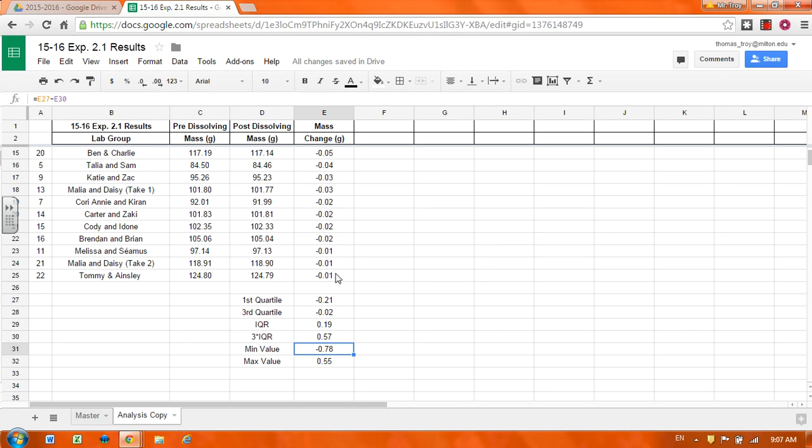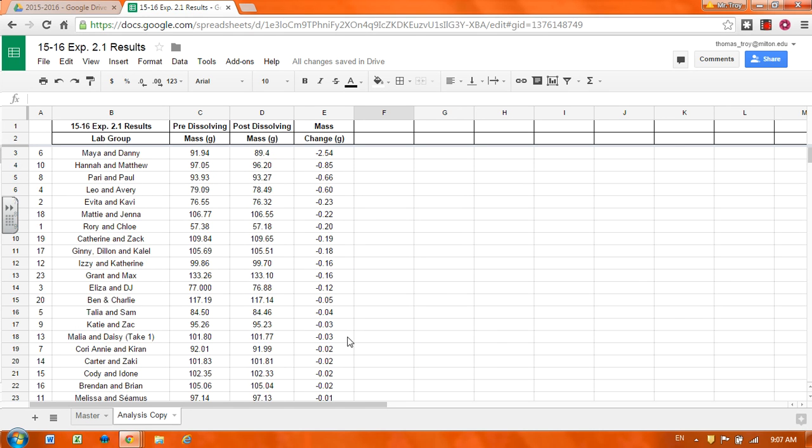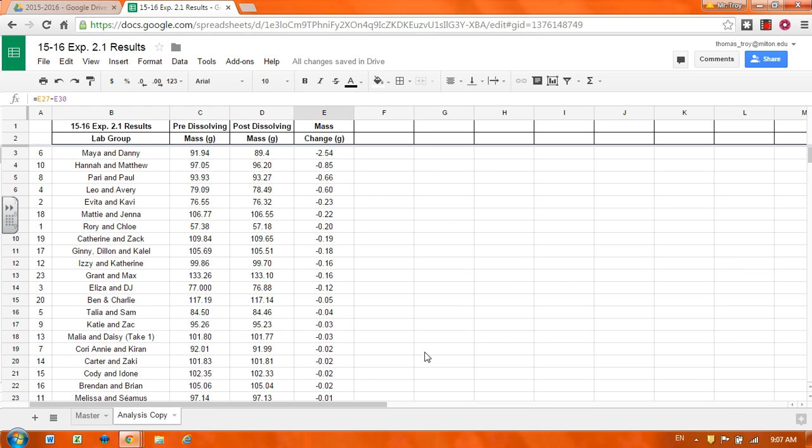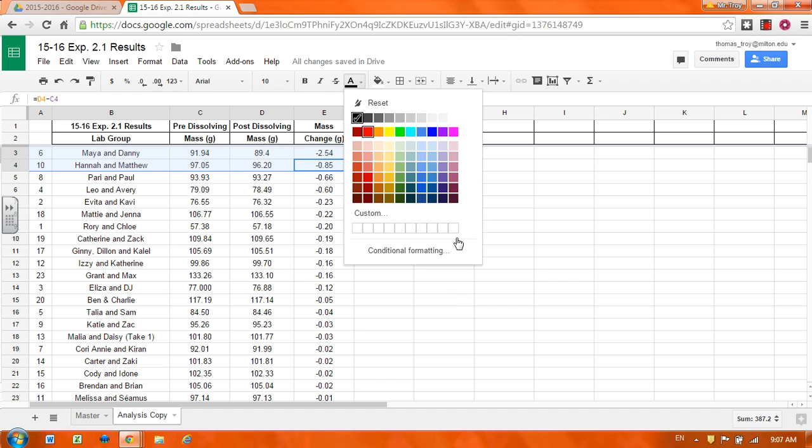So we do not have any mass change that's greater than 0.55 grams, so we're not going to concern ourselves with that. But negative 0.78 is the minimum value that we will trust, and if we look at the data, there are 2 mass changes that lie below that minimum value of negative 0.78 grams. So therefore, we will not honor those data points.